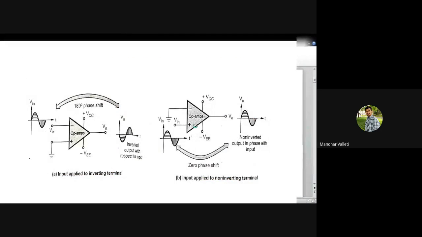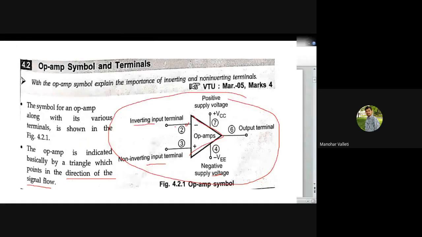So why are you calling the pin number 2 above as inverting input? Why are you calling pin number 3 below as non-inverting input? We will see. And always remember, when you are drawing the operational amplifier, try to mention minus input above and plus input below always.